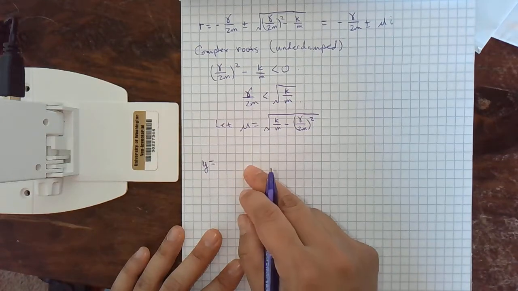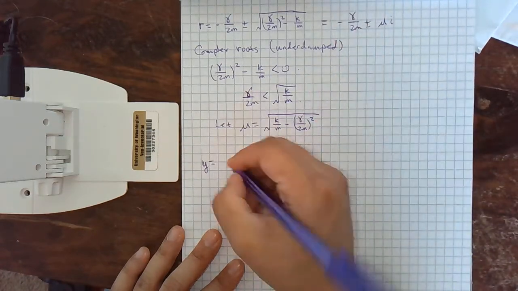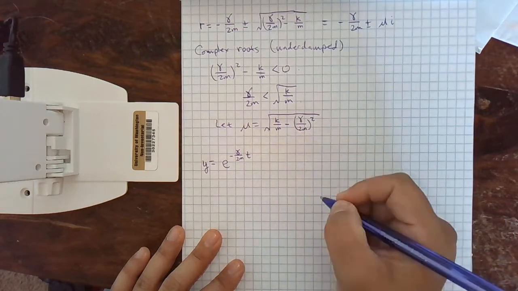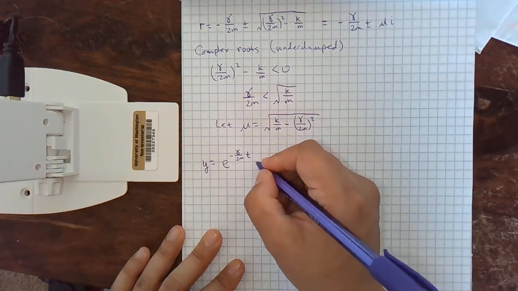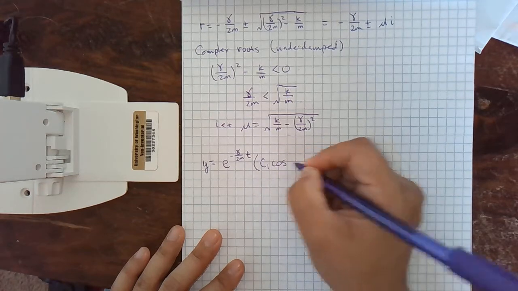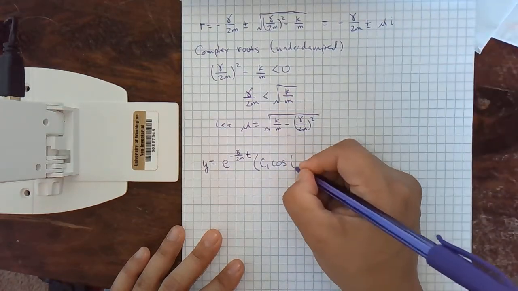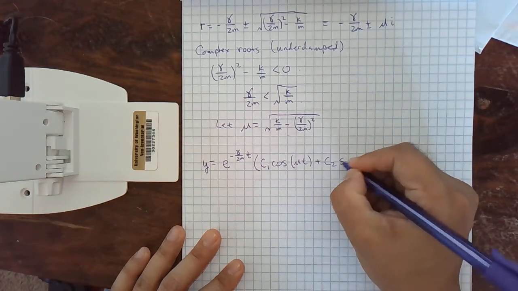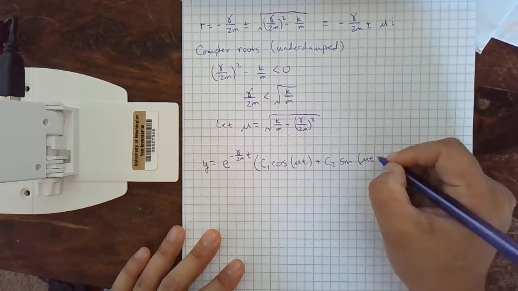So y is, remember we take e to the real part of this times t, and then we're going to multiply by c1 cosine, the imaginary part is mu t, plus c2 sine of mu t.